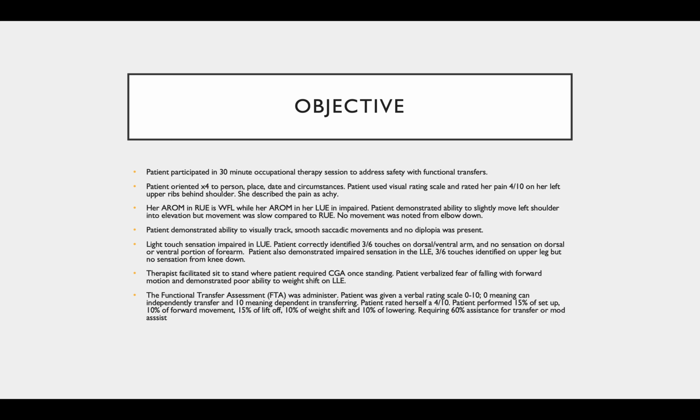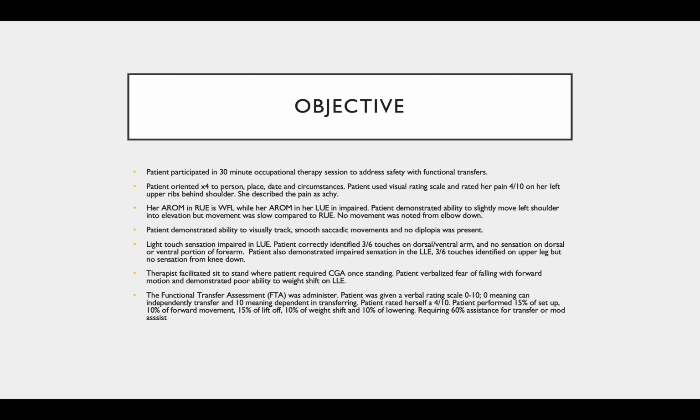So like the first one is the cog screen. Well, not necessarily cog screen, but was the patient oriented? What was their pain? Because that's most likely the first thing that you're going to do when you walk into an acute care room with the patient in there.